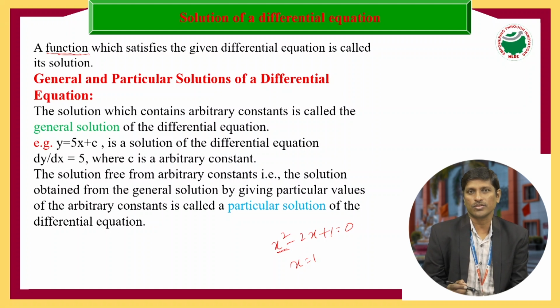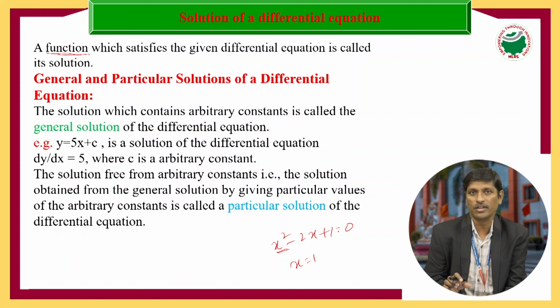We divide the solution into two types: general solution and particular solution. The name itself says general. BTech is general, and particular is like the branch. General is BTech, in the sense that it may come under CSE or ECE branches.